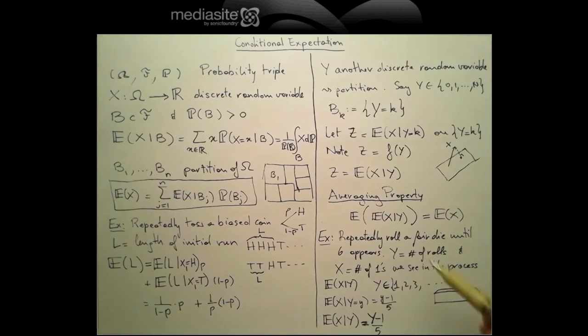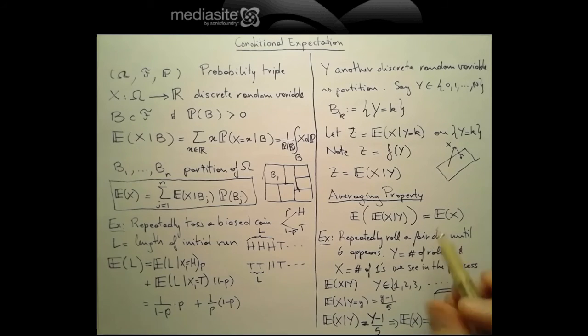And let me try to verify the averaging property. We can now compute the expected number of ones that we see in the process, E[X], by taking the expectation of (Y minus 1) over 5.